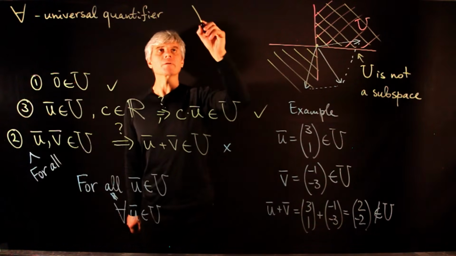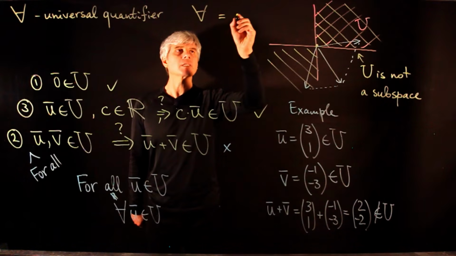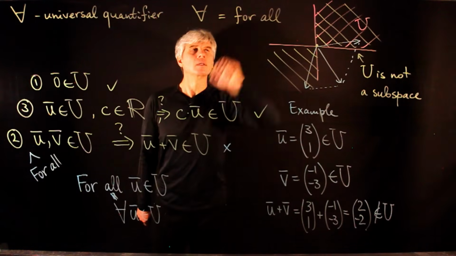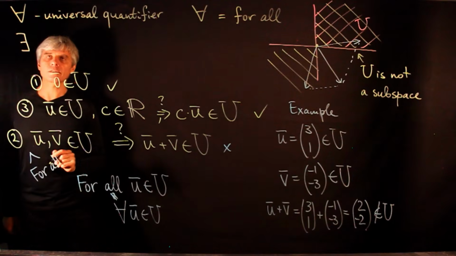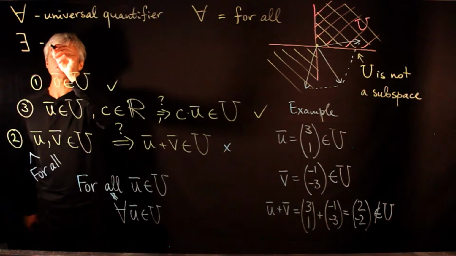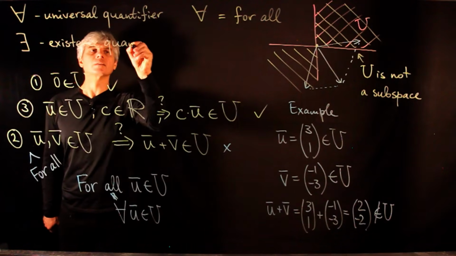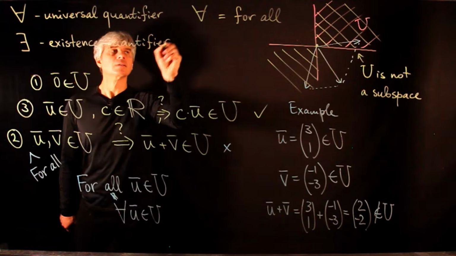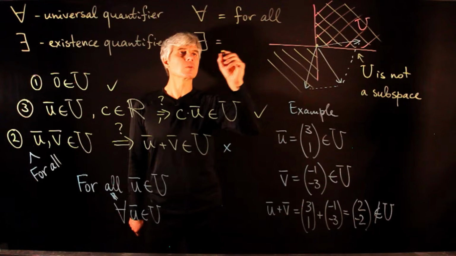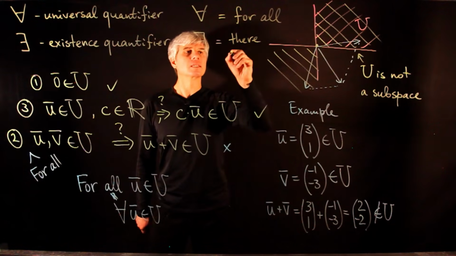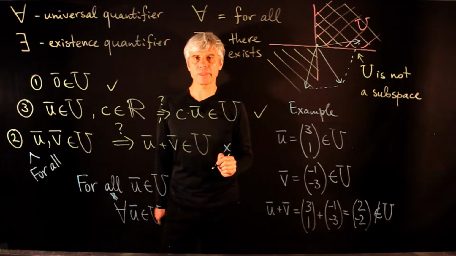It is a flipped letter A, and it reads "for all". There is a second quantifier, which is written like this. This is a flipped letter E. This is called the existence quantifier. When we read this, it means "there exists". This is another notation which is commonly used in mathematics.